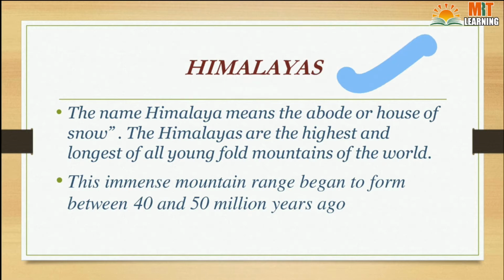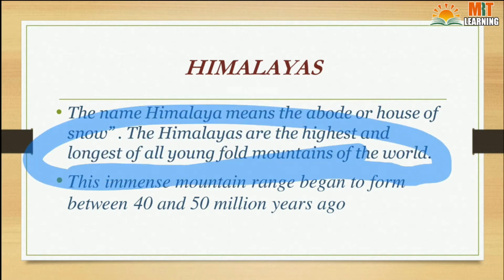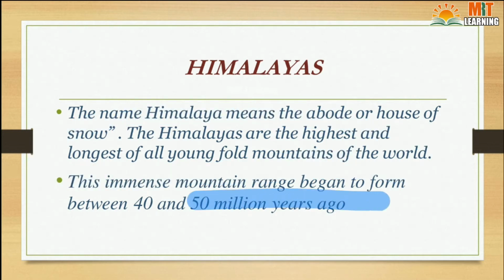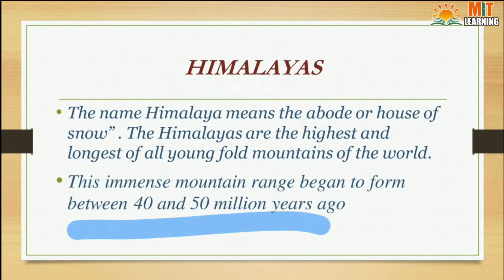Okay, now let's discuss the Himalayas. The name Himalayas means abode or house of snow, so it is completely filled with snow every day. The Himalayas are the highest and the longest of the folded mountains of the world. This immense mountain range began between 40 and 50 million years ago, formed because the Indian plate collided with the Eurasian plate.